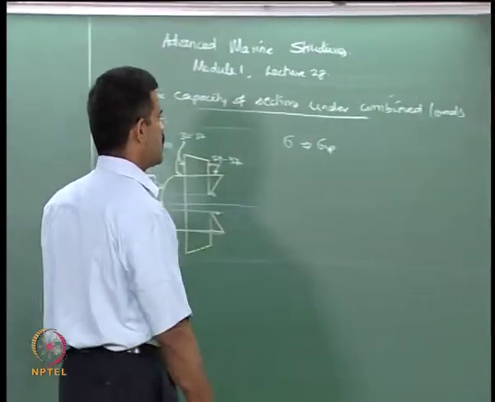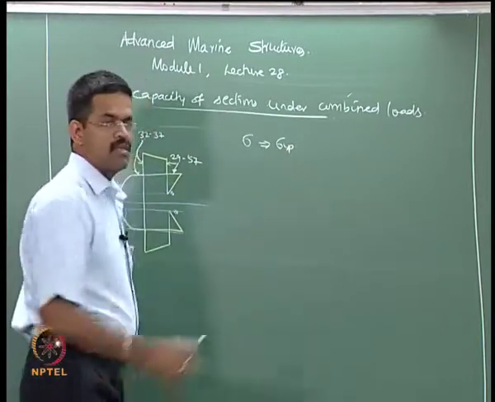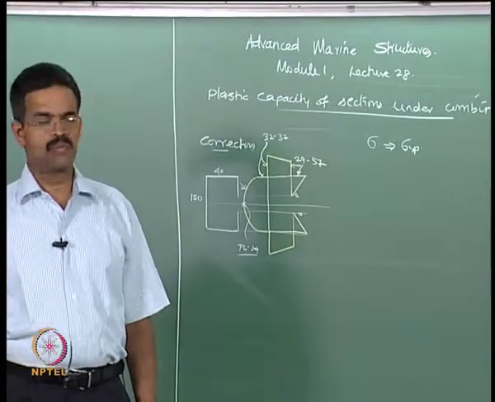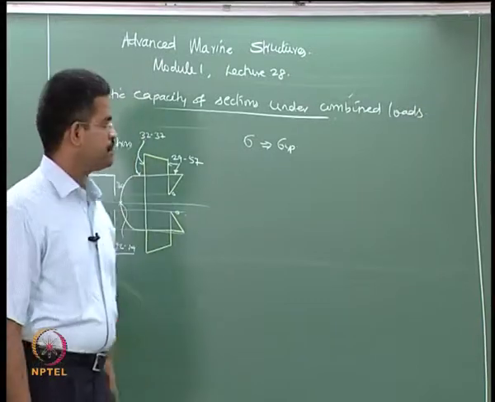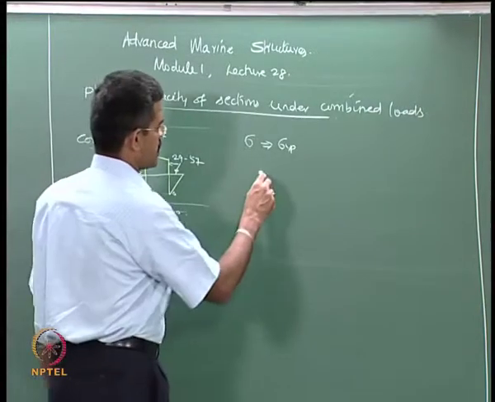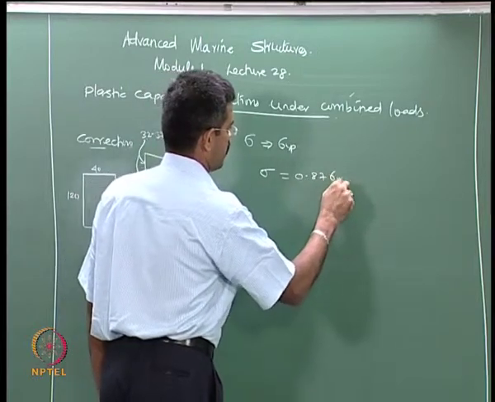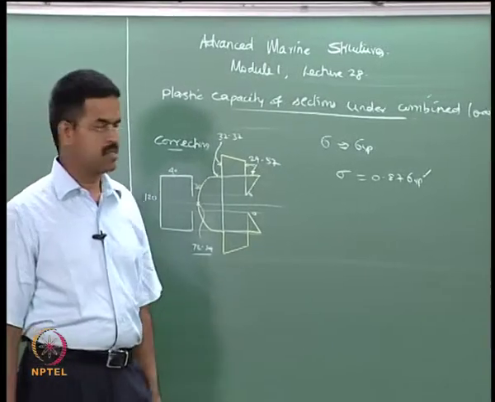But there are different theories which say that many things occur simultaneously, therefore one cannot really decide the state of collapse, because in certain theories yielding starts and failure starts when the stress reaches about 0.87 sigma yp. That is what one theory says.